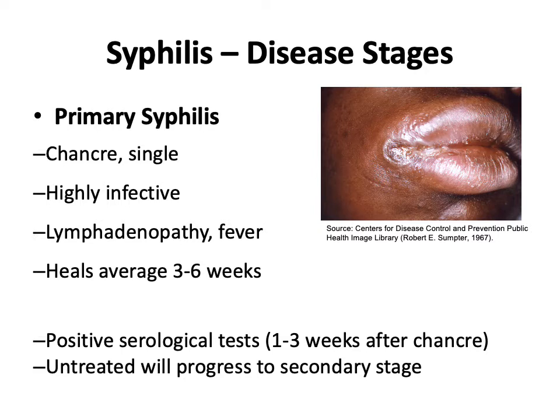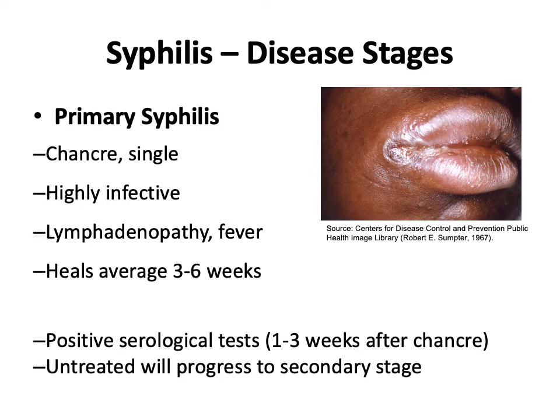However, they are painless. Within a week of the appearance of the chancre, the regional lymph nodes can become swollen, but this is not present in all cases. The lymph nodes are generally non-tender. The chancre spontaneously heals in 3 to 10 weeks without treatment.